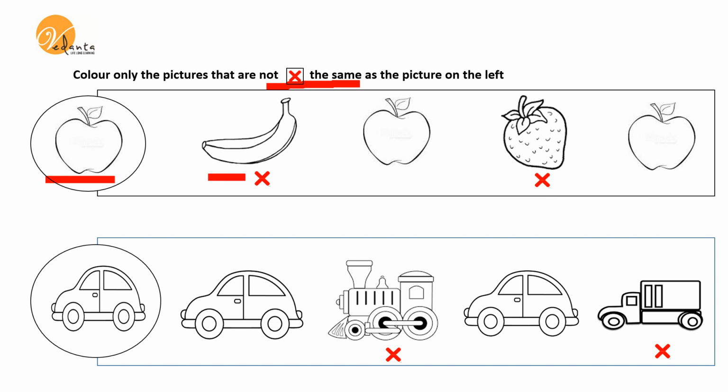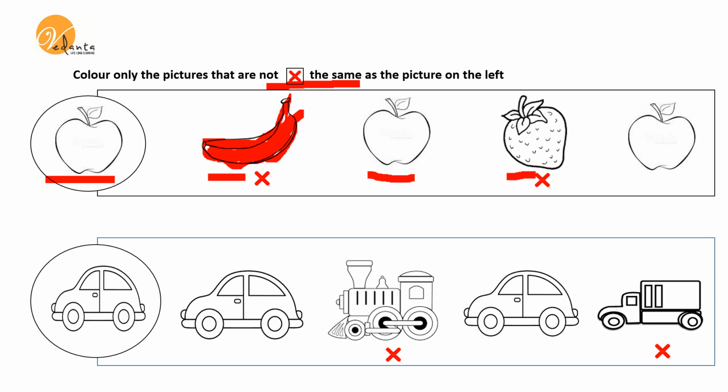What is this? Banana. Banana is different from apple, right? So, I'm going to color banana. This is apple. I'm not going to color it because it's the same. I'm going to color only the different ones.